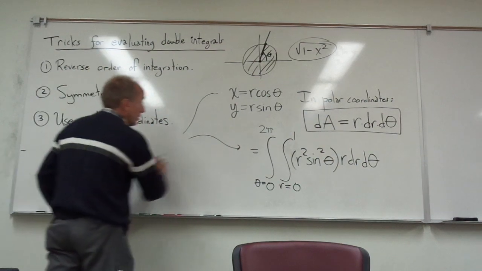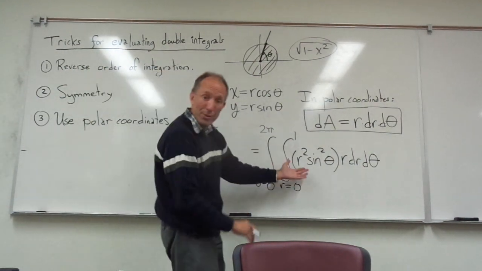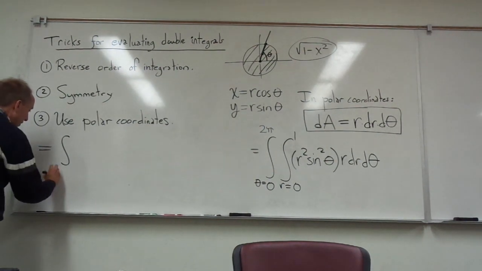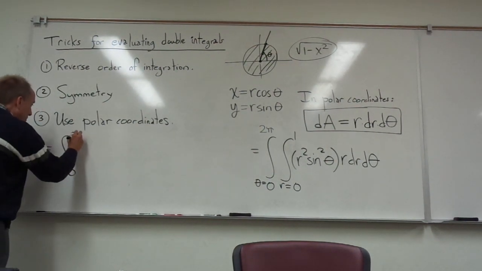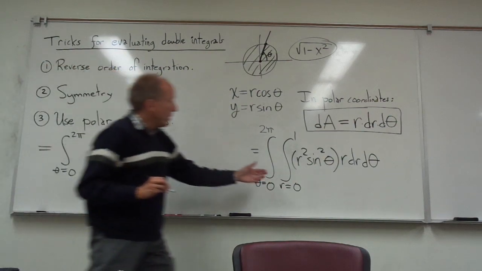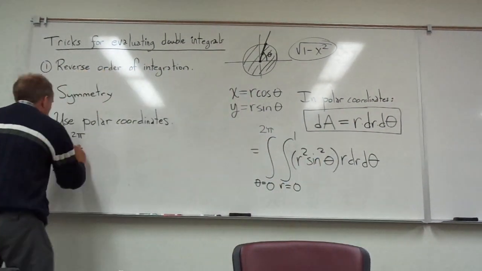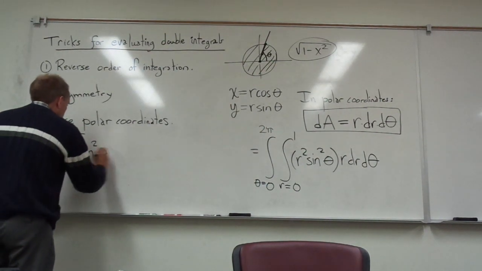So then how am I going to finish this problem? Well, I just have to do this integral. It's just like the double integral in the x and y coordinates. I do the inside integral first, which is the r integral. So I'm going to pull the theta part outside, sine squared of theta.